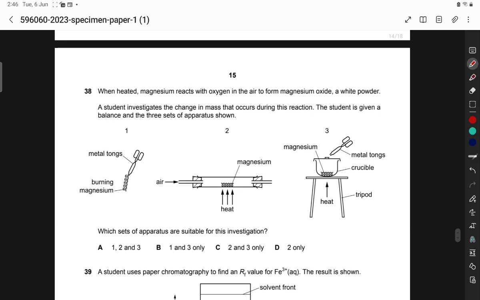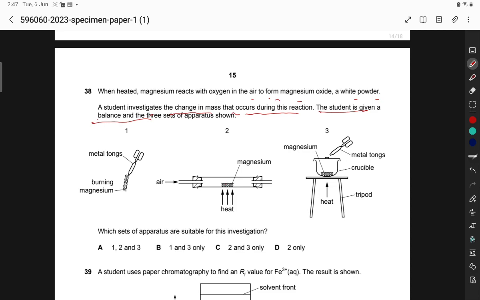When heated, magnesium reacts with oxygen in the air to form magnesium oxide, a white powder. A student investigates the change in mass that occurs during this reaction. The student is given a balance and the three sets of apparatus shown. Which sets of apparatus are suitable for this investigation?